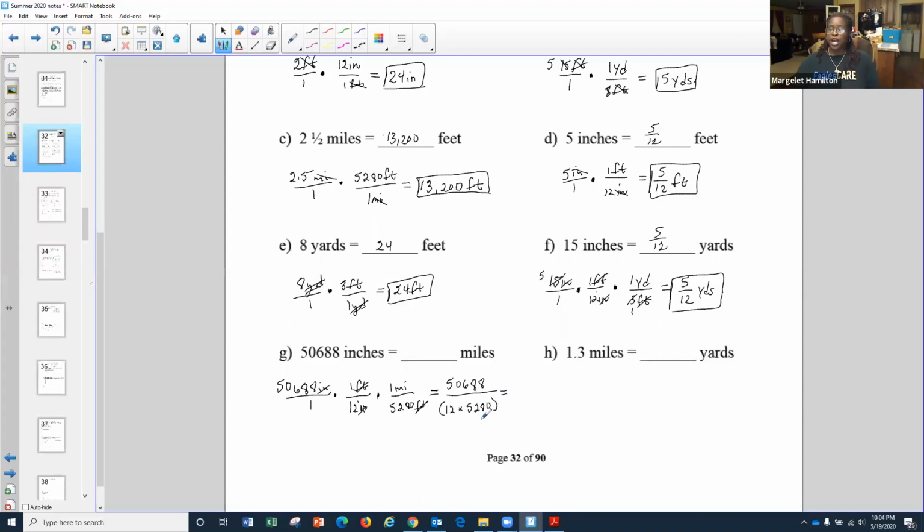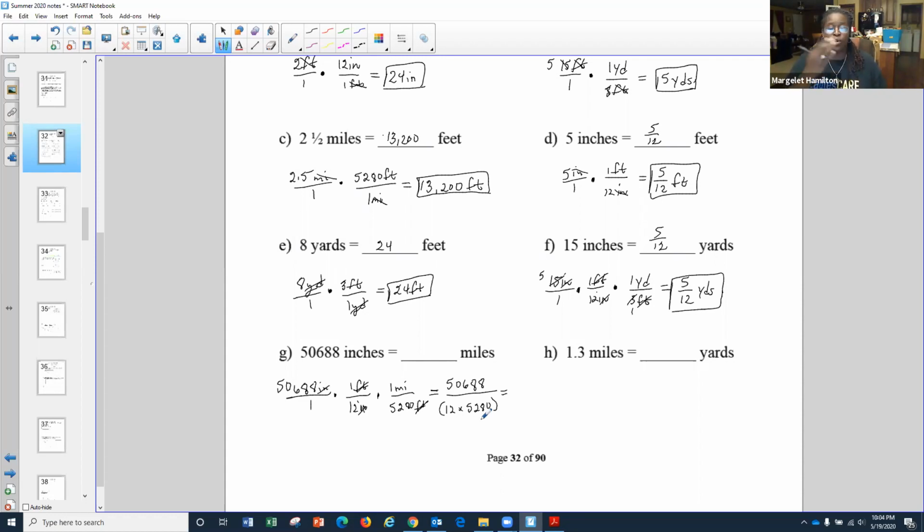You have to tell your calculator that you want all of that stuff, the 12 times the 5,280, to both be down in the denominator. So the parentheses tells the calculator that that stuff is being held together and being operated on together, and is down in the denominator.